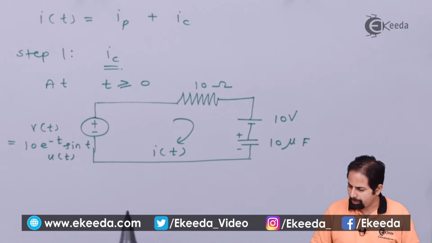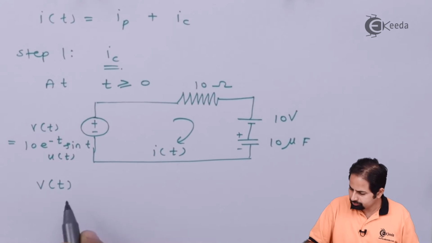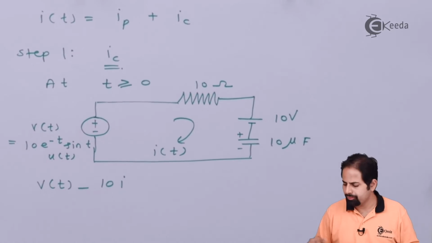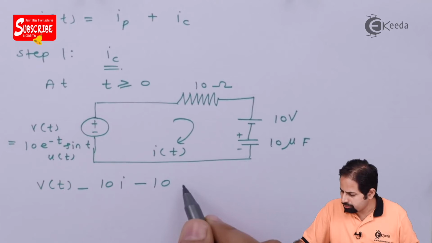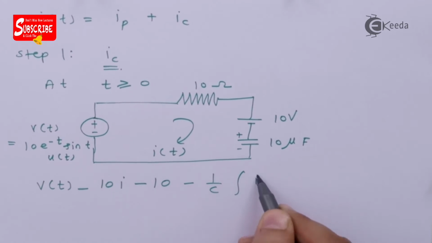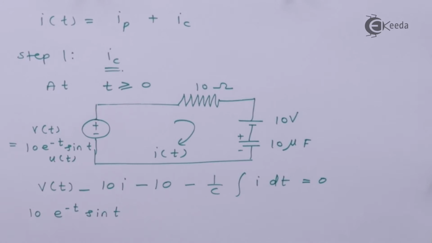So now if I apply KVL, I'll get v of t minus 10i minus this 10, and then the voltage across the capacitor, all equal to 0. Then I can substitute v of t, and this minus 10 I can take to the right side.